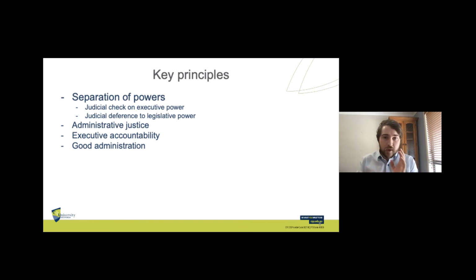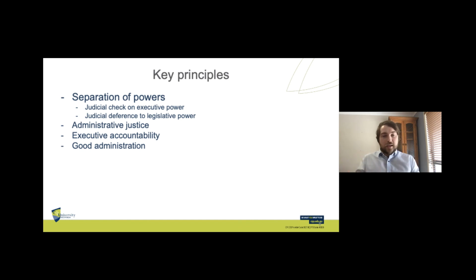And that's important on an individual level for justice, to make sure that the decision that affects them is the right decision. But it's also important from a societal level because it improves the government decision-making moving forward. Correcting an error in one instance hopefully prevents that error from happening again.